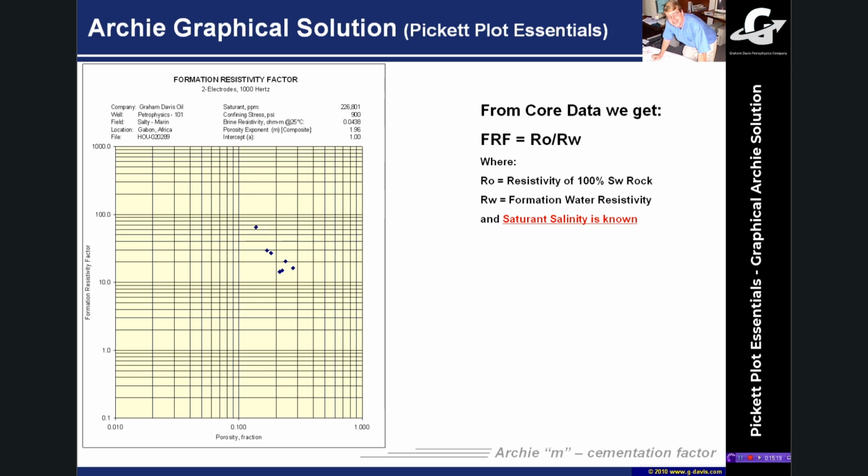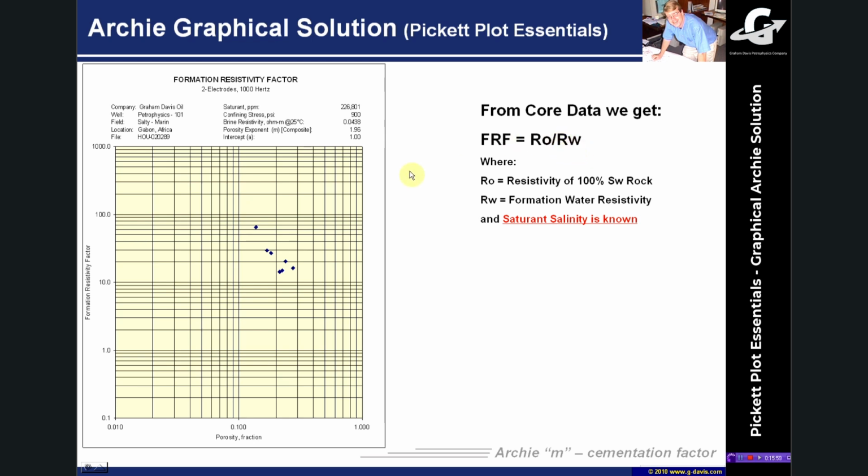And when we do this on core, we measure what's called the formation resistivity factor. The formation resistivity factor is the resistivity of 100% saturated rock, i.e. the resistivity of these plugs with 100% water in them, over the resistivity of the saturating fluid. So it's, if you like, the ratio the rock has. It's the amount that the rock increases the resistivity by over and above the saturating Rw resistivity of the water.